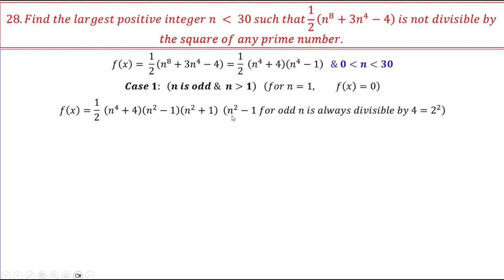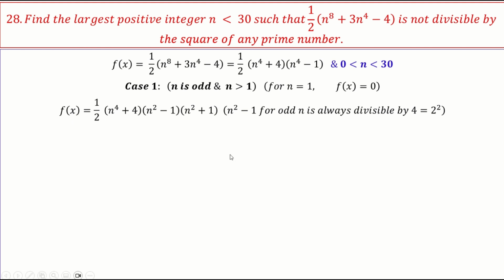If you substitute values, let's say 3 square is 9, 9 minus 1 is 8. 5, 25 minus 1 is 24, divisible by 8. 7, 49 minus 1 is 48, divisible by 8. If something is divisible by 8, it is also divisible by 4, right? So from the list of 2 to 29, you can ignore all the odd numbers.